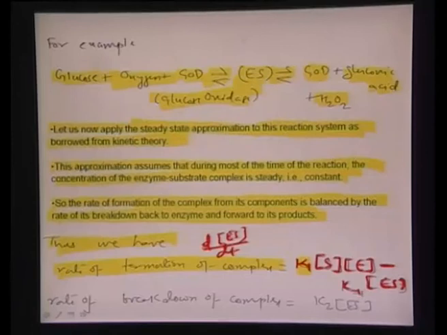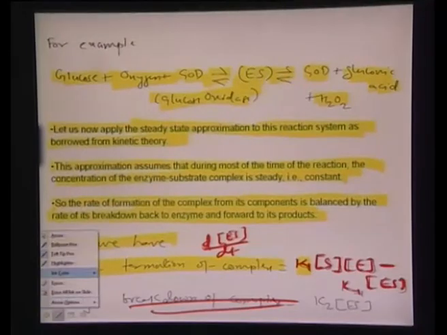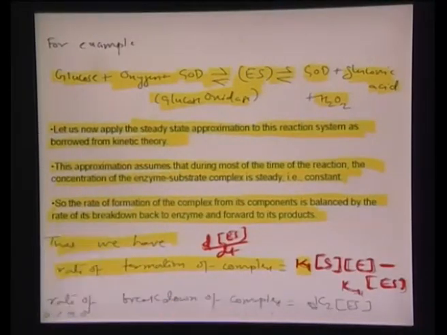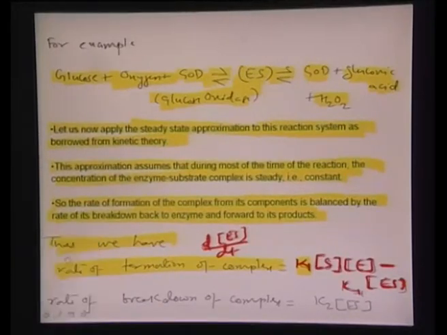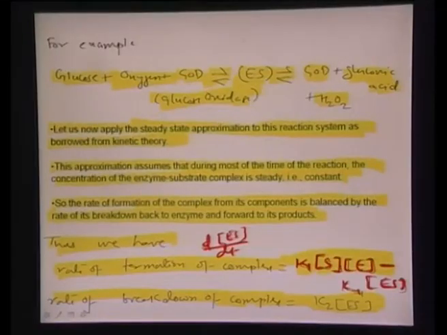Okay. So on the other hand, the rate of breakdown of the complex into the enzyme and product. Okay. So this is called the breakdown of the complex into the enzyme itself and the product. That is dependent on the forward rate at which the ES complex is converted into the enzyme and the product. Okay, so that is K2 times ES. This is K1 SE minus K minus 1 ES.